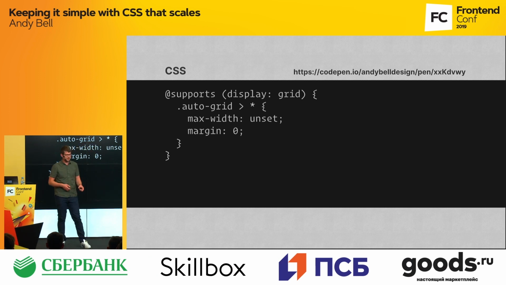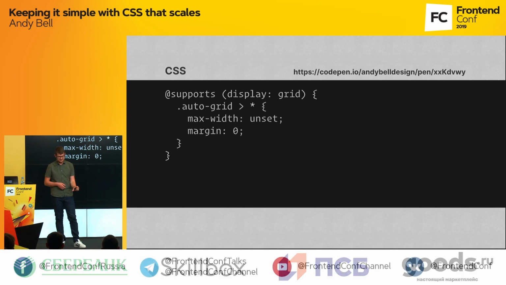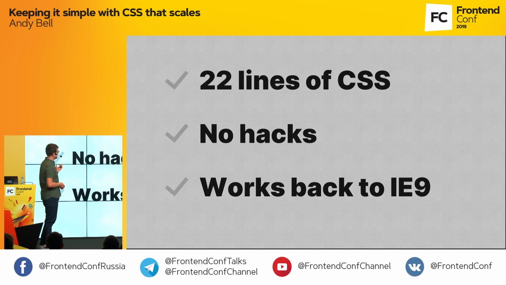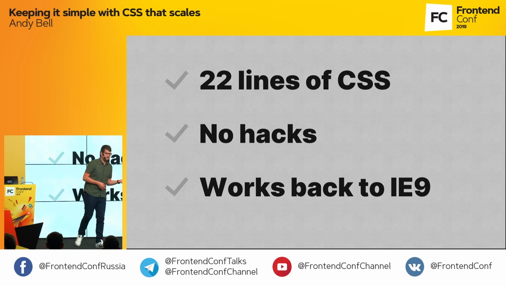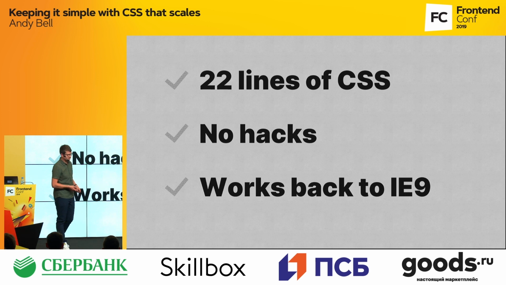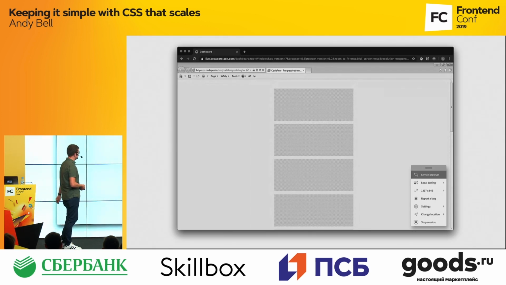So where browsers support grid, they'll pick that first bit of content and then they'll tidy themselves up with this last piece of content. And then what we get, 22 lines of CSS, no hacks, and it works all the way back to IE9, probably IE8, probably maybe even IE6. I just don't dare look at that anymore. I have PTSD from it. There you go. This is it in IE9, in BrowserStack. It's magic, isn't it?